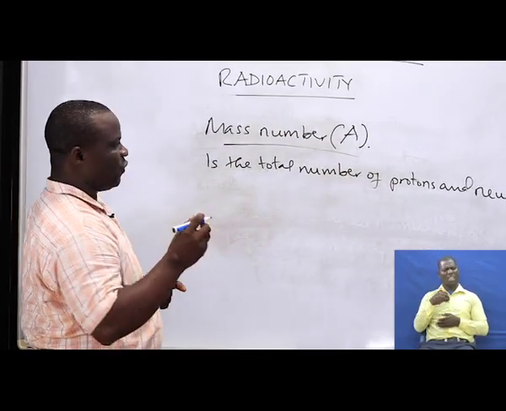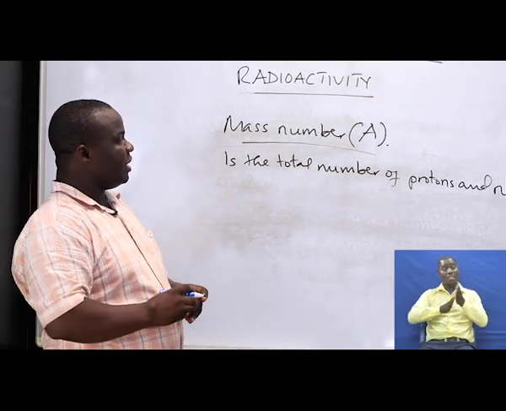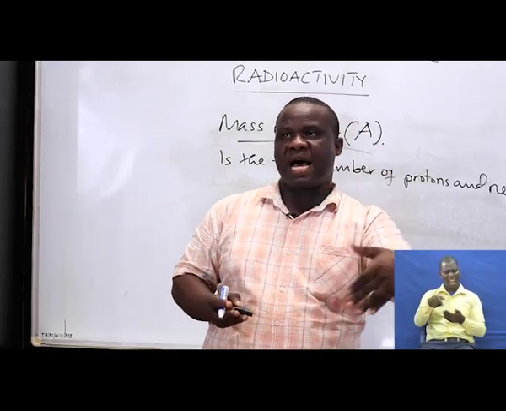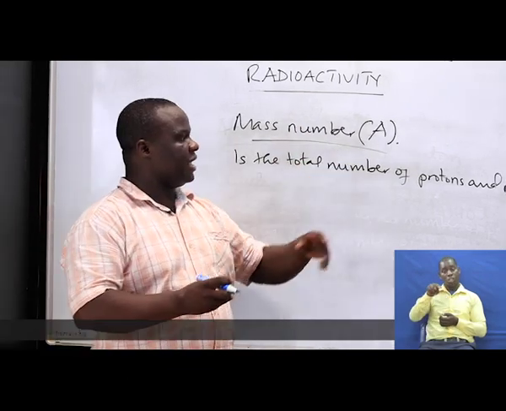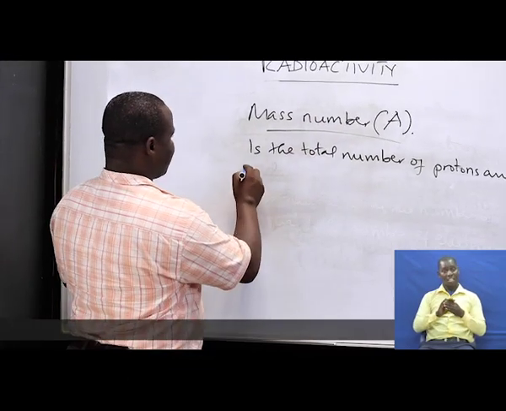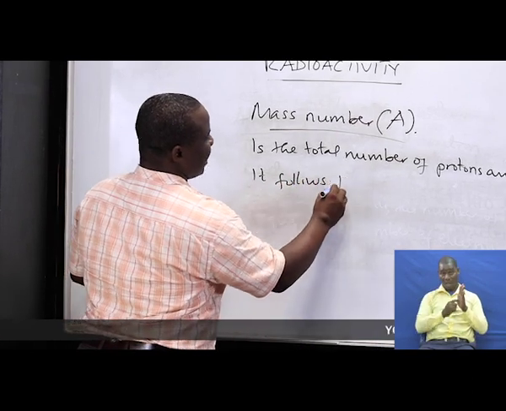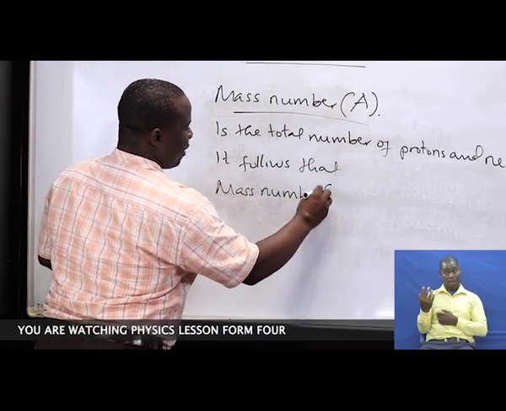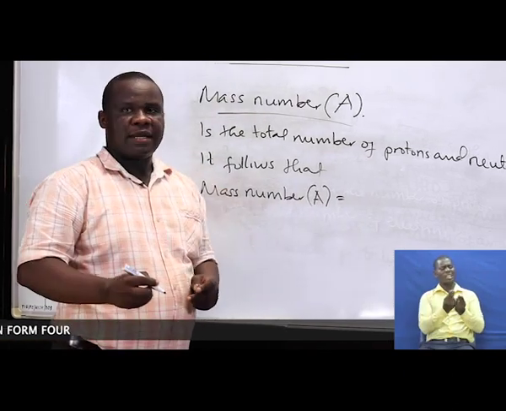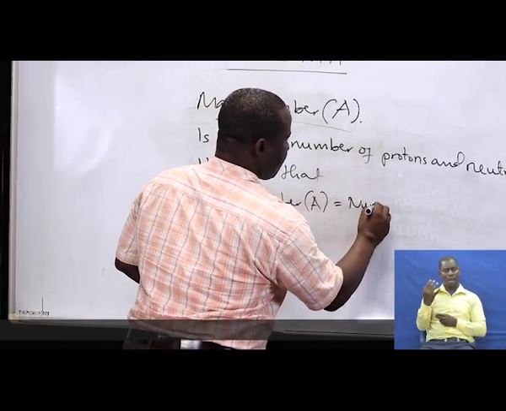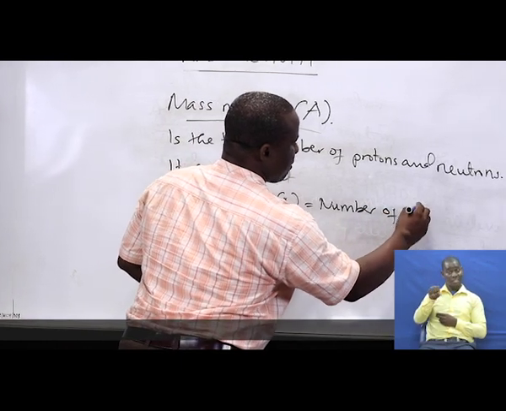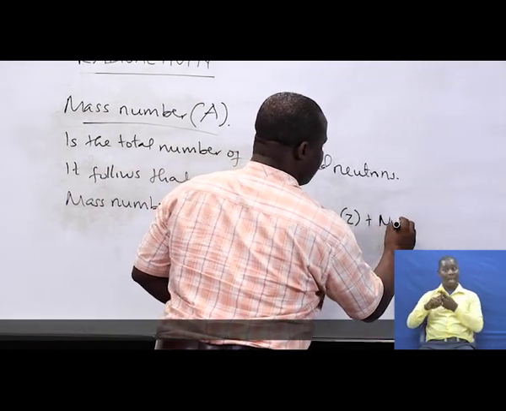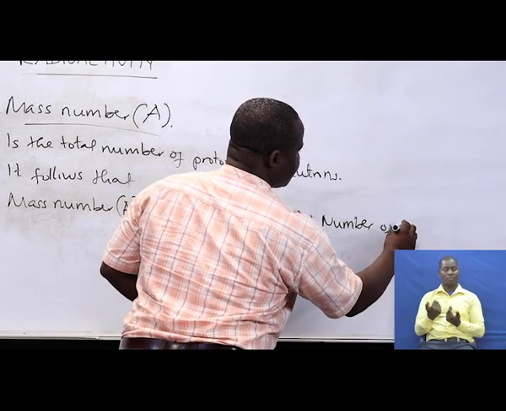If we denote the neutrons as small letter n and the protons as Z, because we have determined that this is the atomic number, and the mass number is A, we have this formula: mass number A is equal to the number of protons, which is Z, plus the number of neutrons, n.